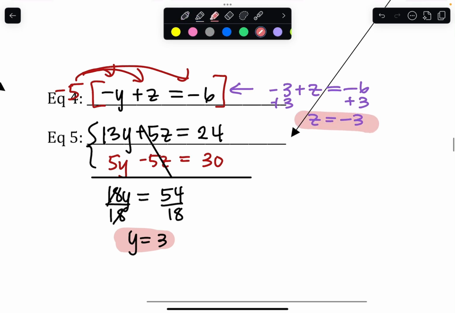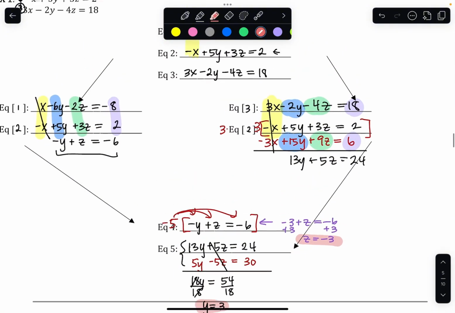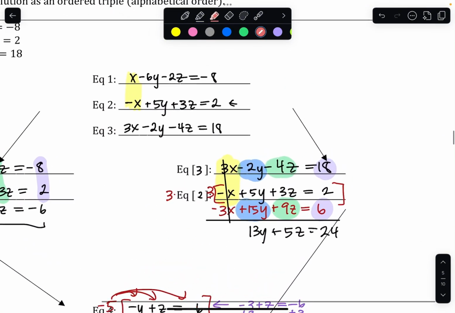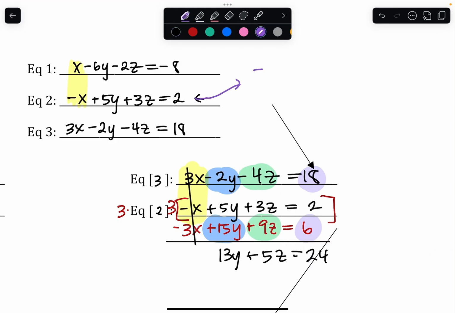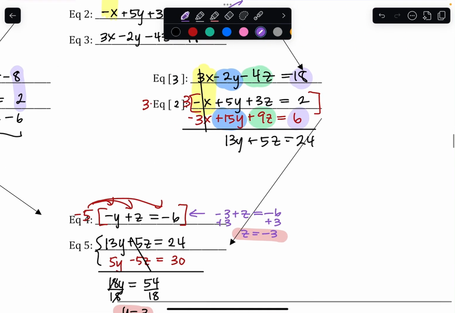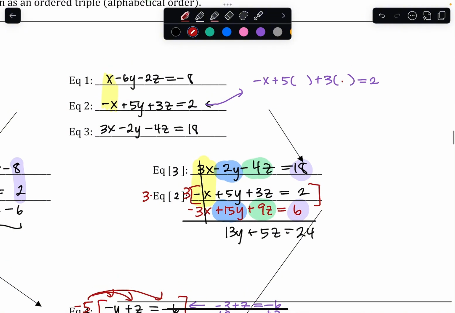Okay, now that we have y and z, we go back to the original system, pick your favorite equation. I still think I like equation 2. And so negative x, which we don't know yet, plus 5y plus 3z equals 2, just copying down that equation. But now we know z is negative 3.